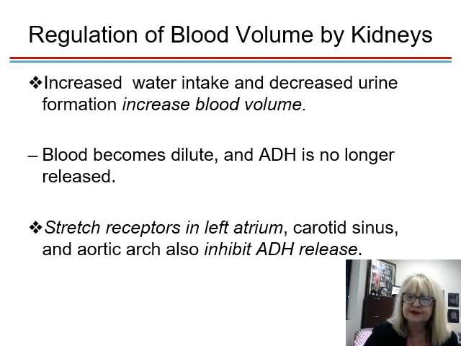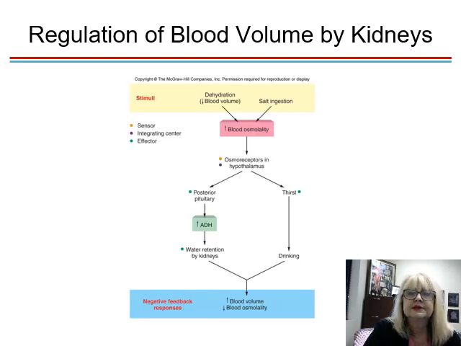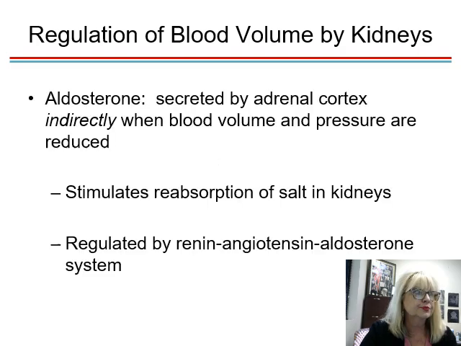Stretch receptors in the left atrium, carotid sinus, and aortic arch also inhibit ADH release. This is the negative feedback control of blood volume and blood osmolality. Thirst and ADH secretion are triggered by the rise in plasma osmolality, and homeostasis is maintained by countermeasures including drinking and conservation of water by the kidneys.